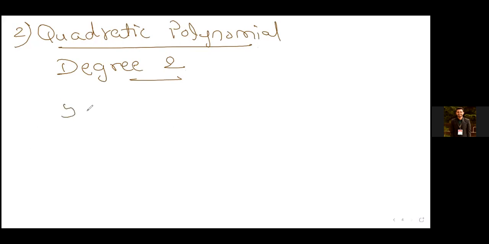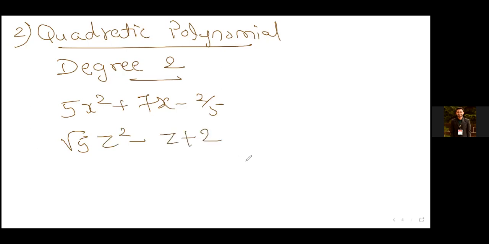For example, 5x square plus 7x minus 2 by 5. Also, square root of 5 z square minus z plus 2. And similarly, I can quote a lot of examples. So these are the quadratic polynomials of degree 2.